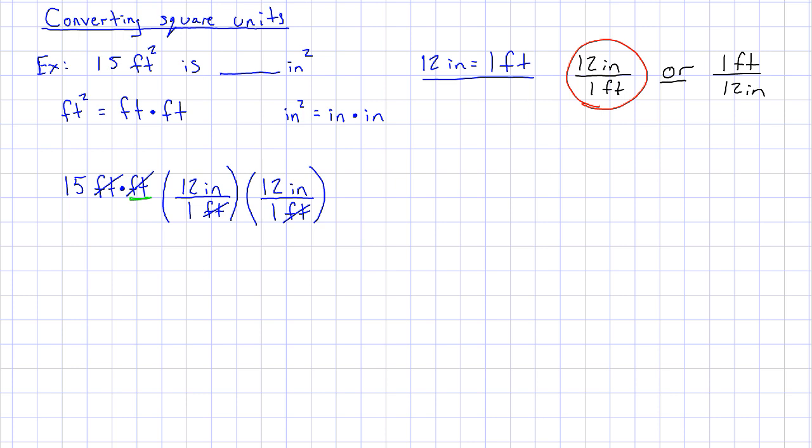Now, I go ahead and multiply through, and I end up with 15 times 12 times 12, which is 2,160. Now, the units, I have inches here and inches here. Inch times inch is inch squared, which is exactly what I was looking for. So I have exactly the answer that I was seeking, and I am finished with the problem.